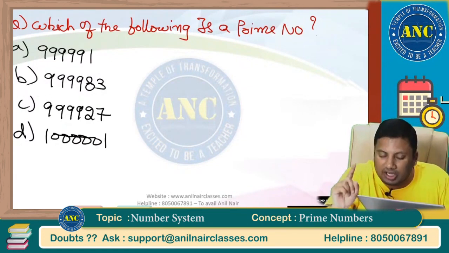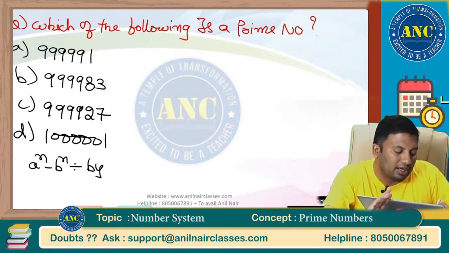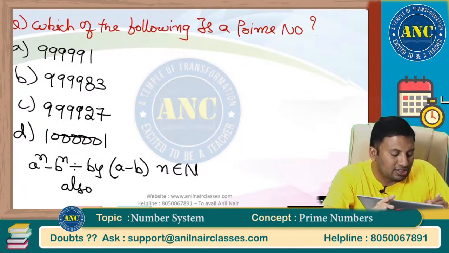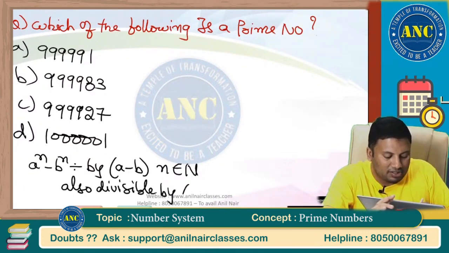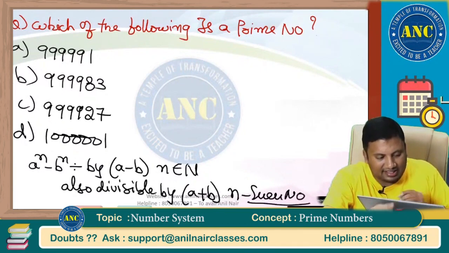In session number 1, we discussed one concept: a power n minus b power n is always divisible by a minus b if n is a natural number. It is also divisible by a plus b if n is an even number.